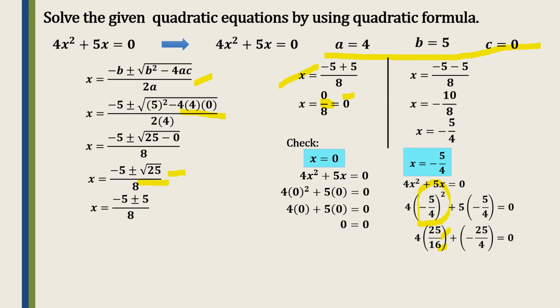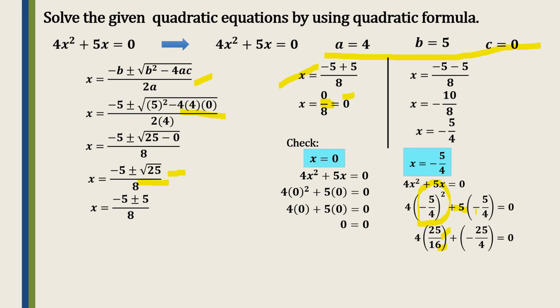So, plus 5 times 5, we have 25. Ang 5 may denominator na 1, yun ang i-multiply natin sa 4, kaya ang result ay 4. Bakit naman naging negative 25? Kasi negative times positive. Next, simplify ulit natin.